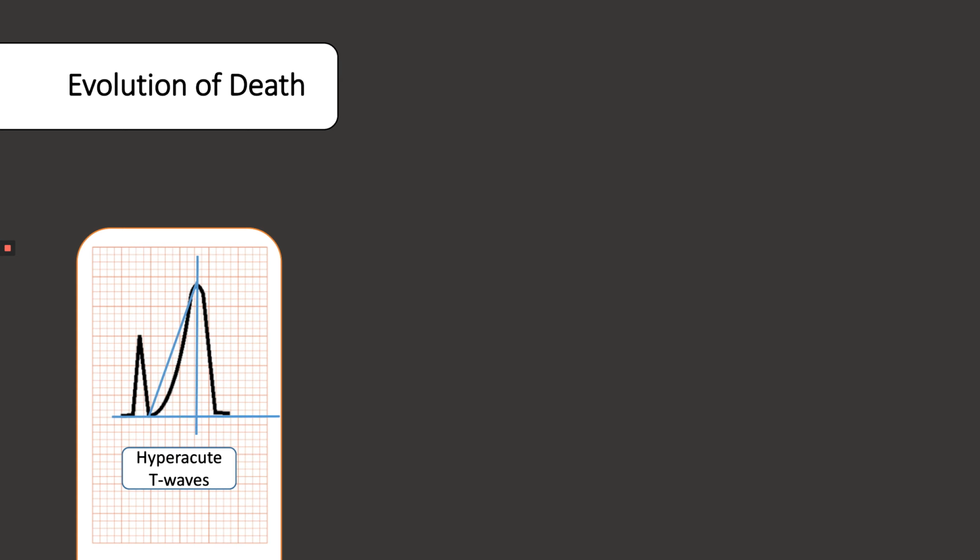Hyperacute T wave obviously refers to the T wave that we're going to be looking at. Now you'll notice a couple things here. I've drawn the isoelectric line as my base for comparison. The peak of that T wave, if we follow these lines all the way up, being right here, is far above this QRS.